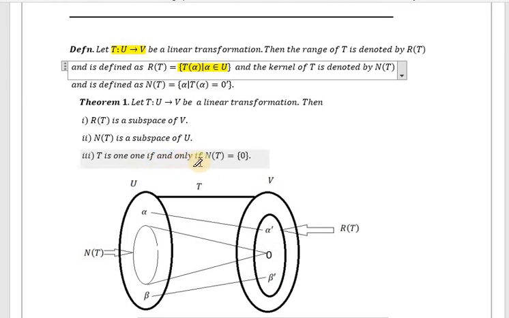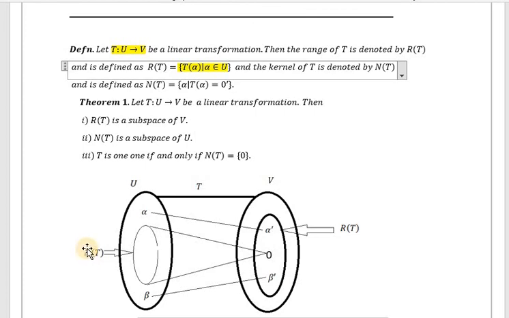T is 1, 1 if and only if N of T is equal to 0. If this space contains 2, 3 elements, then N of T will not be a unit set. So every element must have a unique image. Then only we say that T is 1, 1.